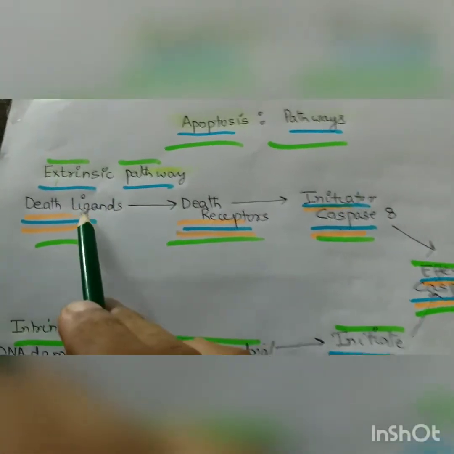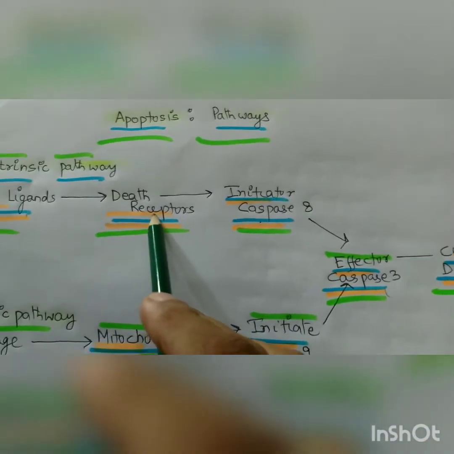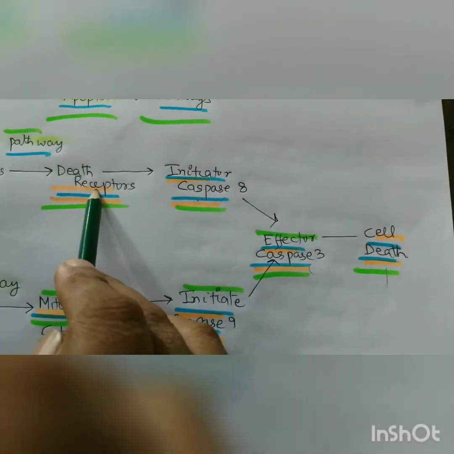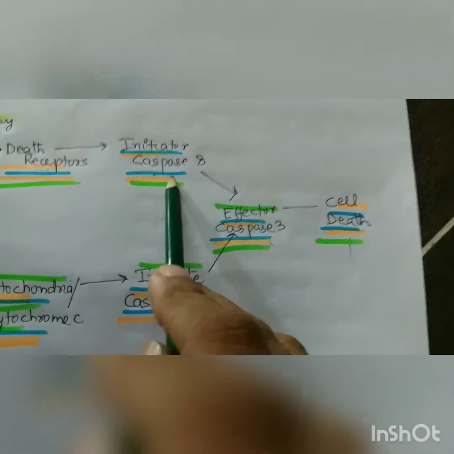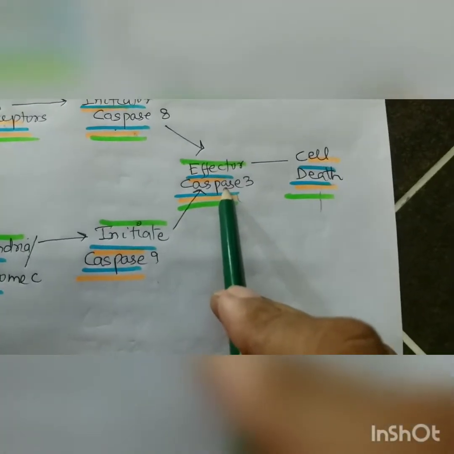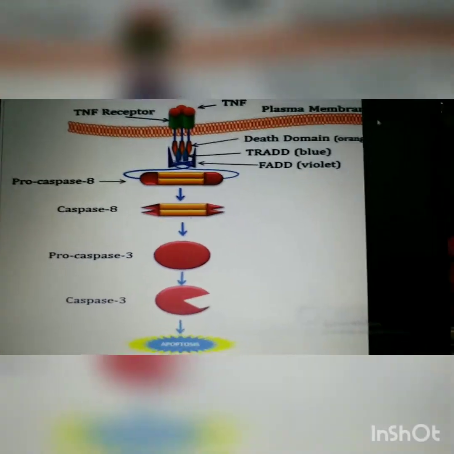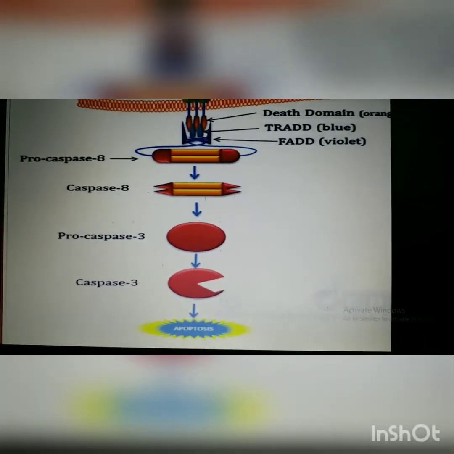So this is the extrinsic pathway. Here we have the death ligands, then death receptors, this is TNFR1, whereas in the case of killer lymphocytes it is Fas ligand, and then it initiates caspase 8, which initiates the effector caspase 3 downstream and results in cell death. So this we did just now. Now we come to the next, the killer lymphocyte.